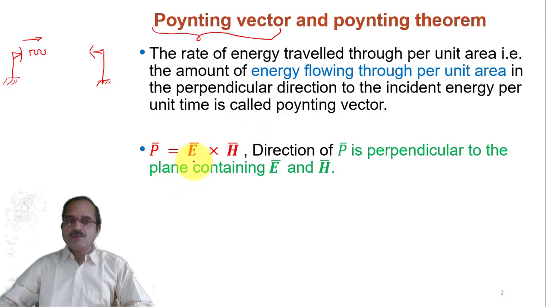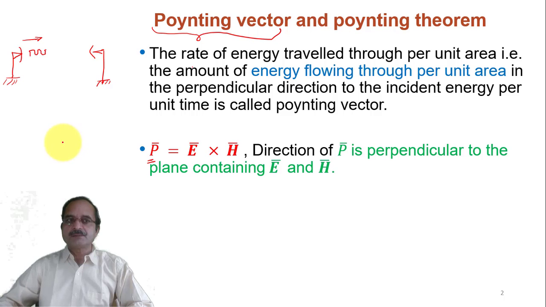Now we know both E and H are vector quantities, so that means the Poynting vector P is also a vector. Now the direction of P is perpendicular to both E as well as H.